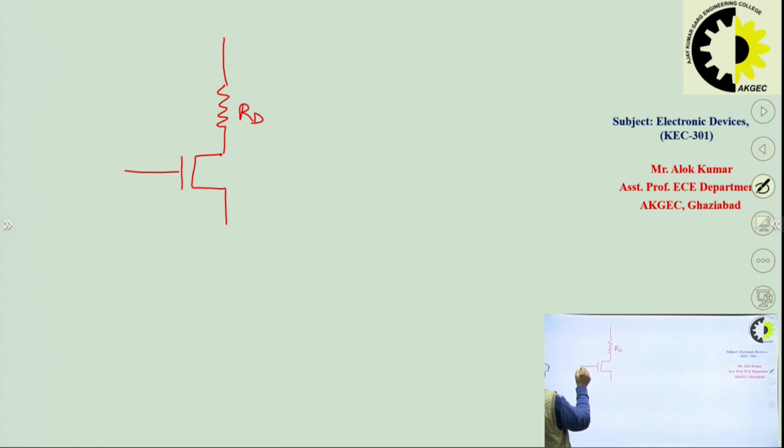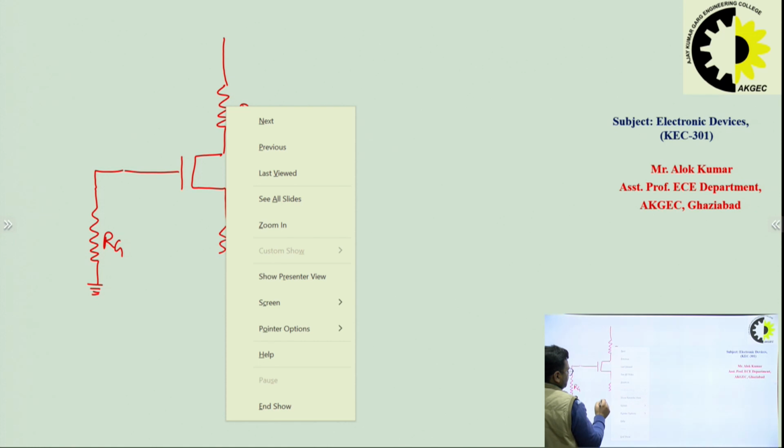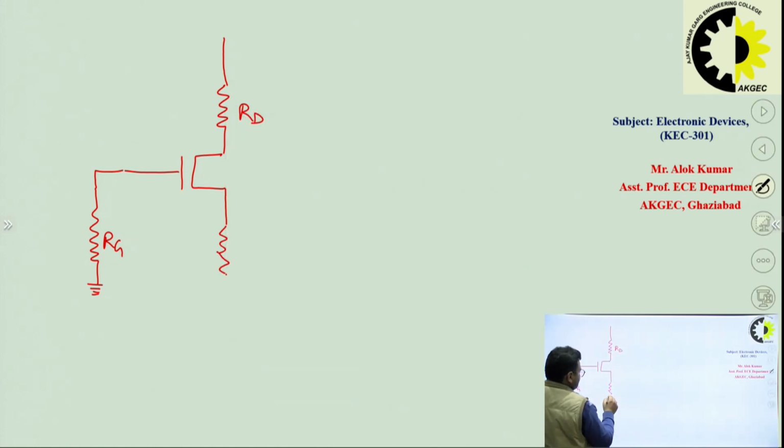So if we have a circuit like this, here is the drain resistance RD, and we have a MOSFET here. This is the RG resistance, and here we have the source resistance RS.